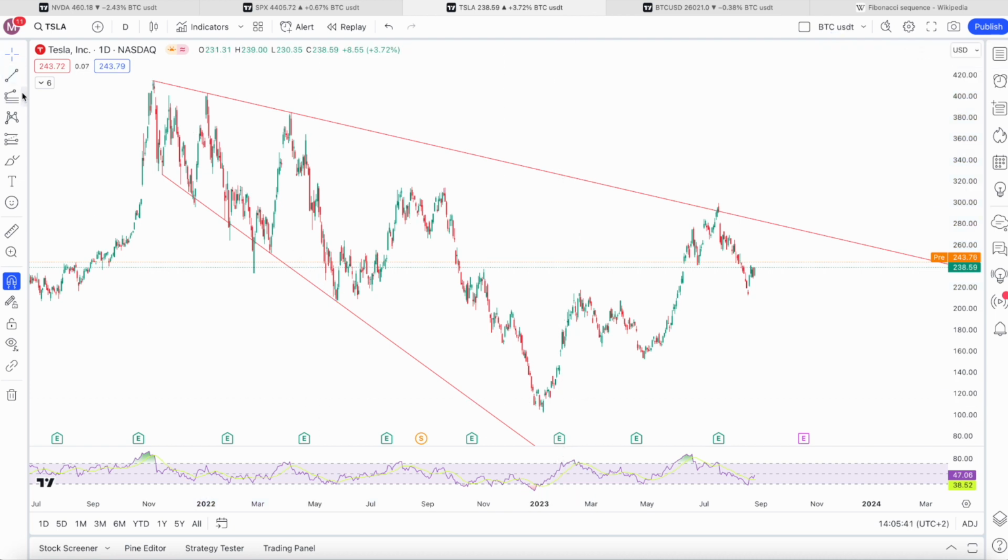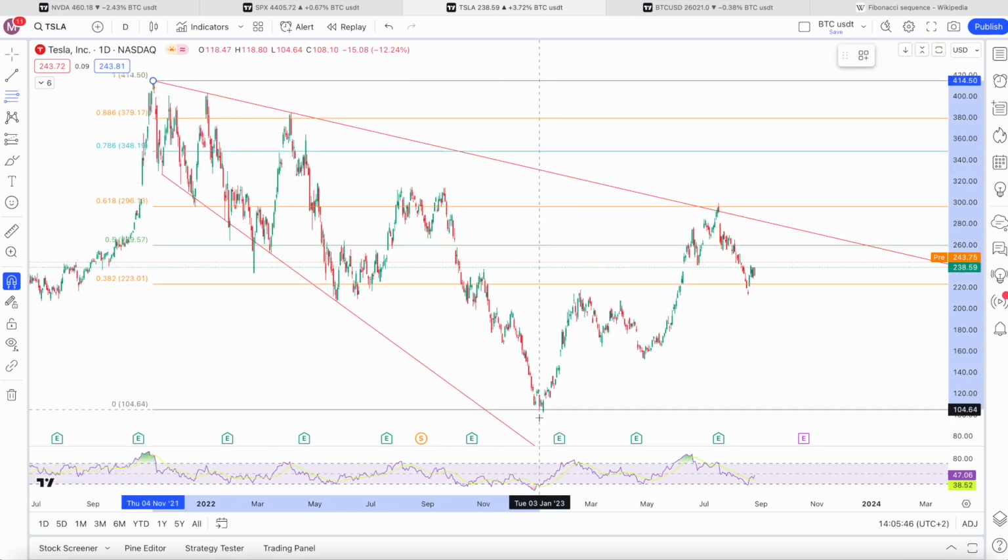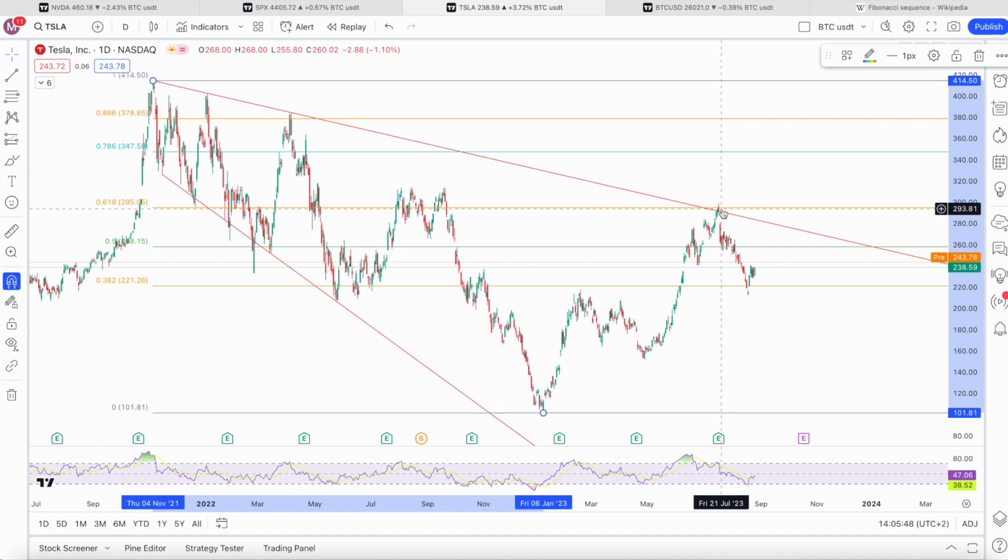Let me cancel this one. Okay. Again, if we start from the top and we go to the whole bottom, look where your retracement got you here. The 0.618, so the golden pocket, was touched, the price moved slightly above it, and it was rejected and dumped again.